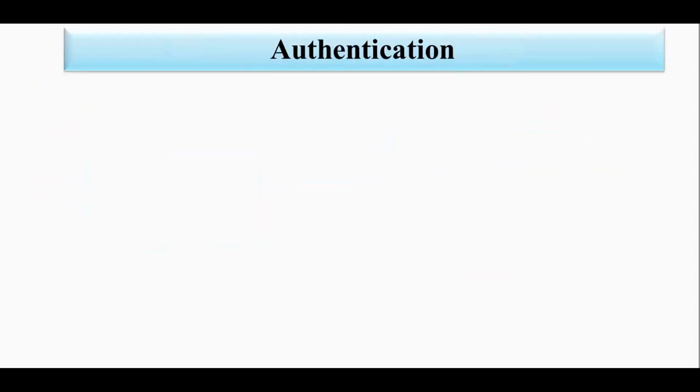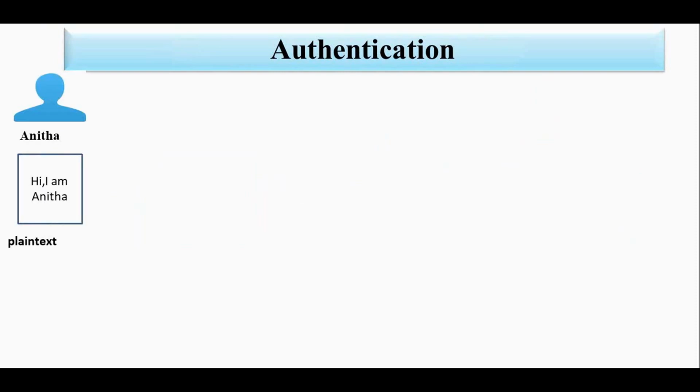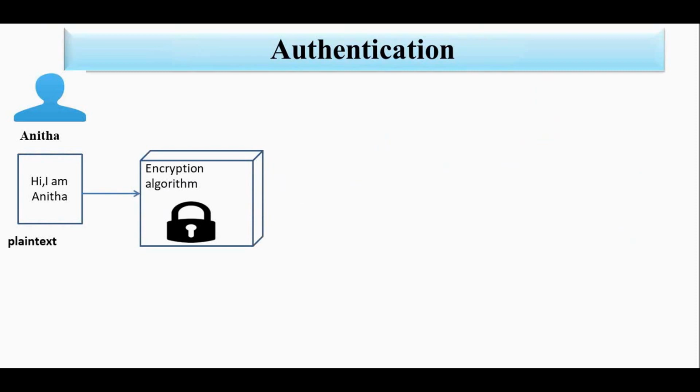Next, authentication means that the message has been sent only by the intended sender, not by anyone else. That is, the sender has to prove his or her identity, that this message has come from him or her. Again, the same example: Anita is sending a plain text, "hi, I am Anita". She is proving herself using this plain text. She takes an encryption algorithm and the key used here is her own private key, which will be available only with her, so no one else can encrypt with her private key.